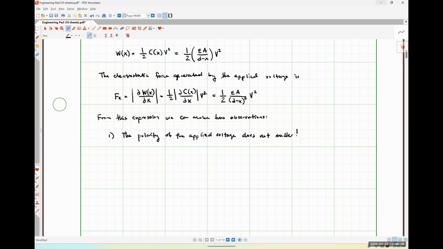We are still going to be generating a force in the same direction. The other observation that we can make from this is that the generated force is in the direction of increasing capacitance.